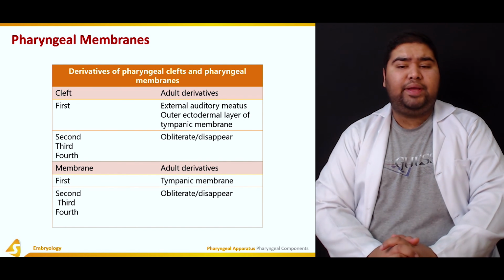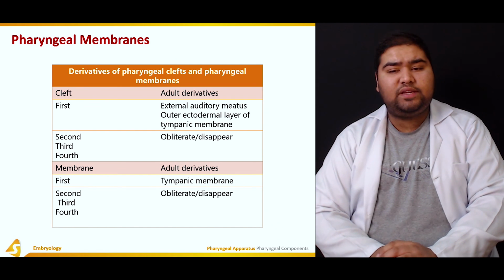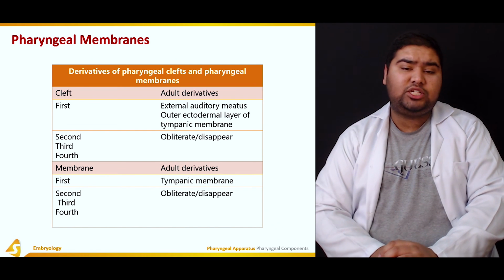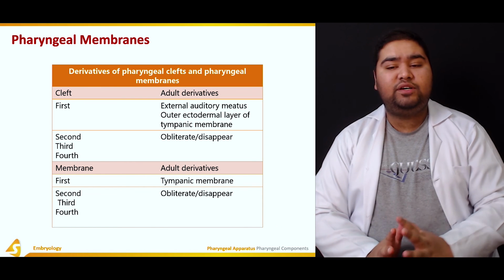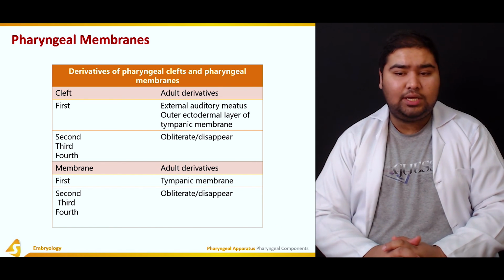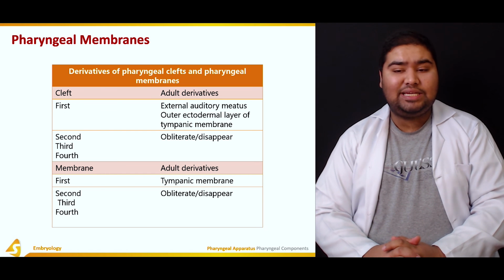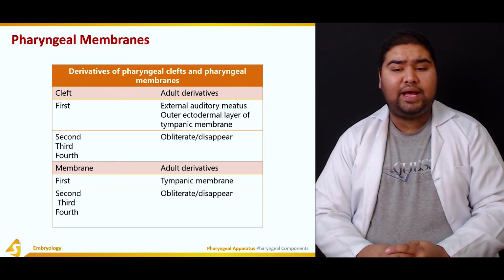Recapping this section, we talked about the derivatives of the pharyngeal clefts and pharyngeal membranes. First, the clefts. The first cleft is the only cleft that gives rise to an adult structure, the external auditory meatus, which is lined by the outer ectodermal layer of the tympanic membrane.